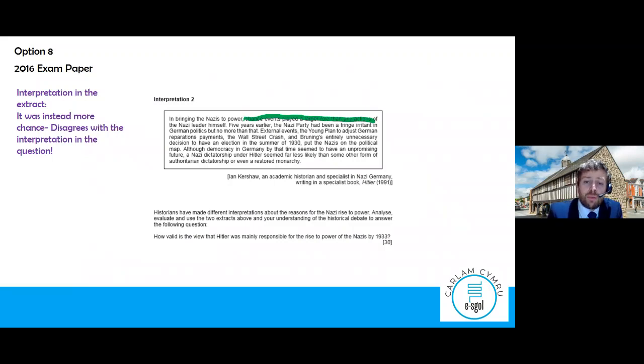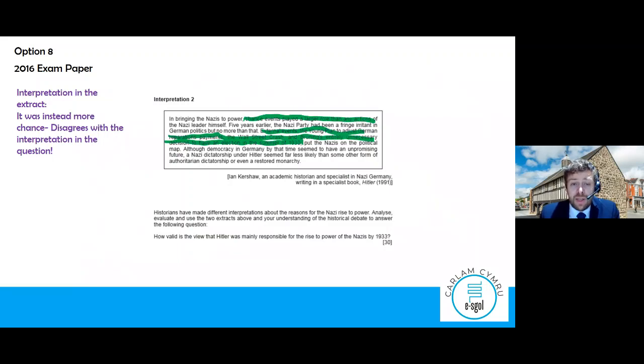External events, the Young Plan to adjust German reparations, the Wall Street crash and Bruning's entirely unnecessary decision to have an election in the summer of 1930 put the Nazis on the political map. Although democracy in Germany by that time seemed to have an unpromising future, the Nazi dictatorship under Hitler seemed far less likely than any other form of authoritarian dictatorship or even a restored monarchy.